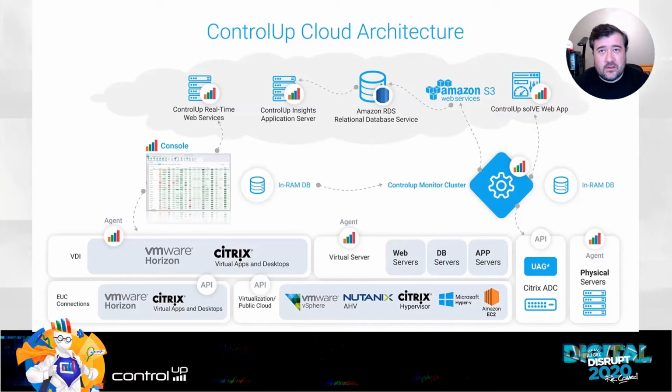We can monitor physical servers, and through API integration we can do VMware vSphere, Nutanix, Citrix, and Hyper-V. We can connect into Amazon EUC web services, and through the EUC connector and API connections we can monitor Horizon and Citrix Virtual Apps and Desktops. Not shown here, though, is that we can also monitor your endpoints, like your IGEL devices.